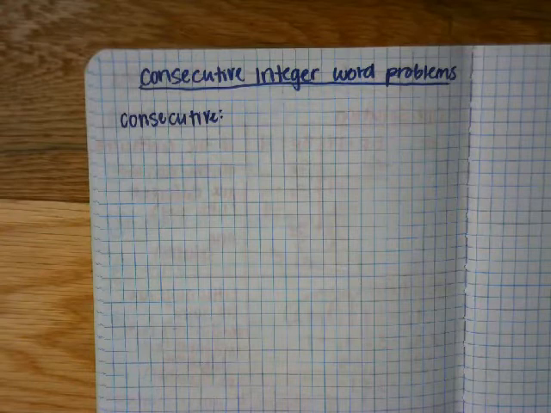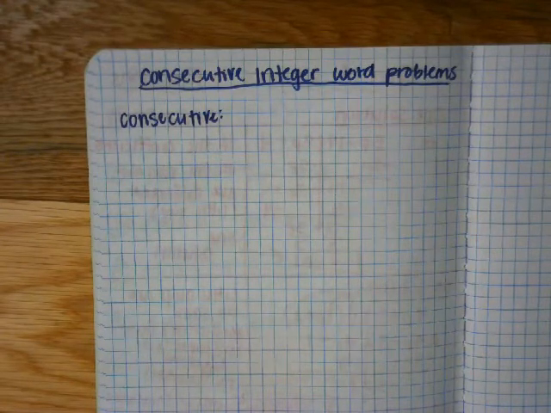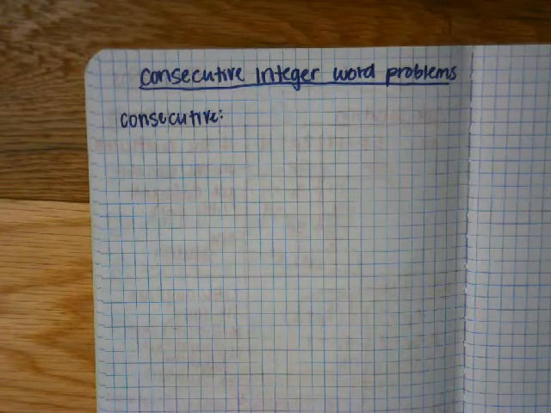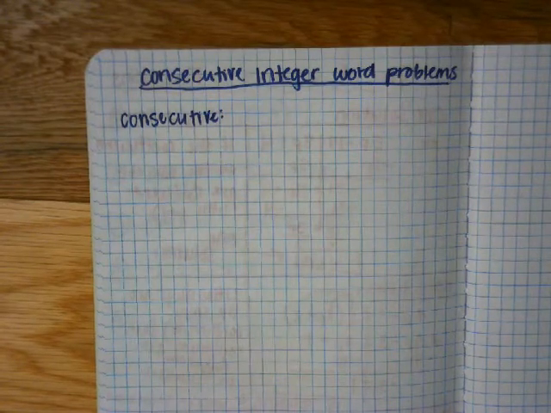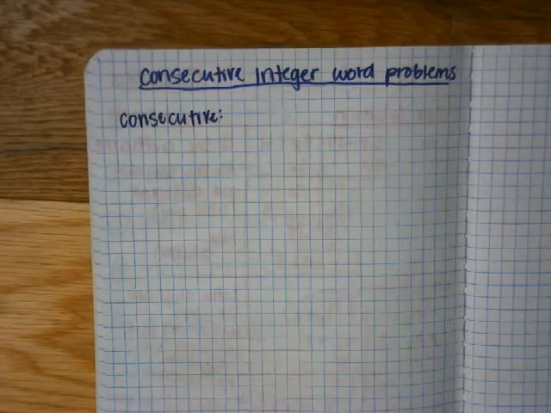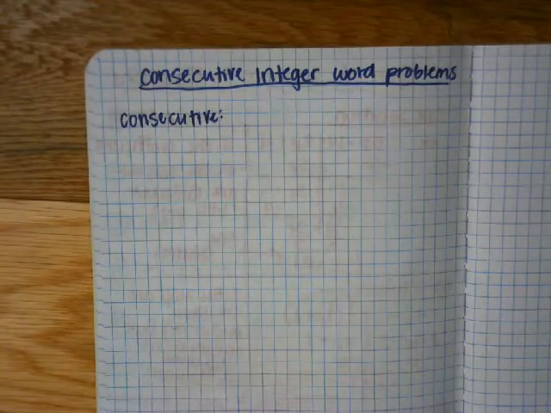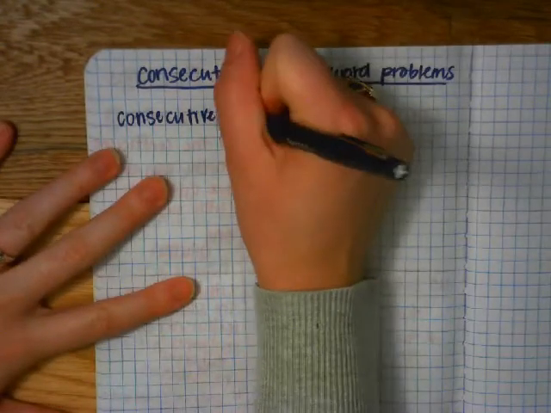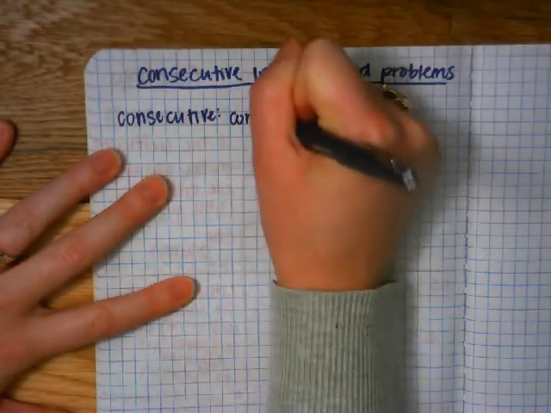Good. One thing happens after the other. So consecutive is like if you think about someone having consecutive national championships, it means they were year after year, right? Like back to back. Okay? So consecutive is continuous.